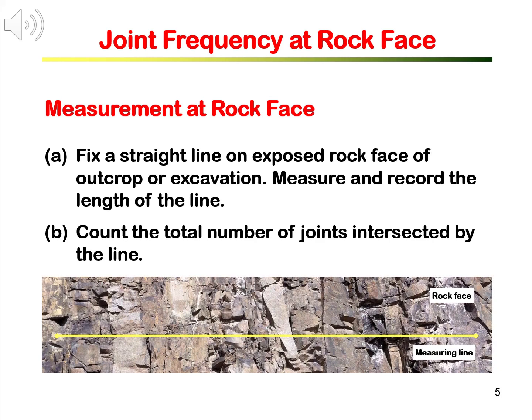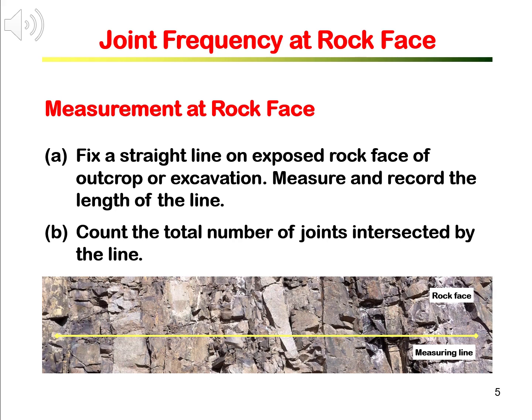Now we come to the measurements of joint frequency and RQD at rock face. The rock face can be an outcrop, a quarry or open pit wall, or excavation face in an underground tunnel or mine.